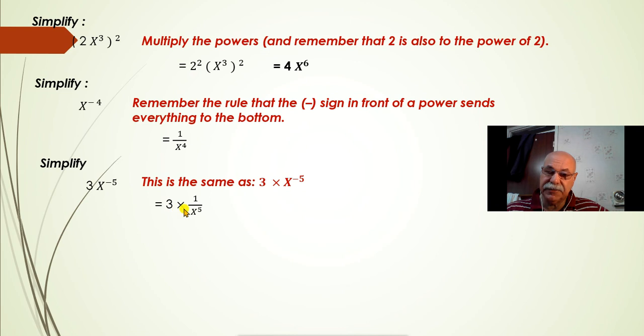It becomes 3 times 1 divided by x power 5, meaning 3 times 1 is 3. This is a multiplied fraction: 3 over x power 5. Similar.